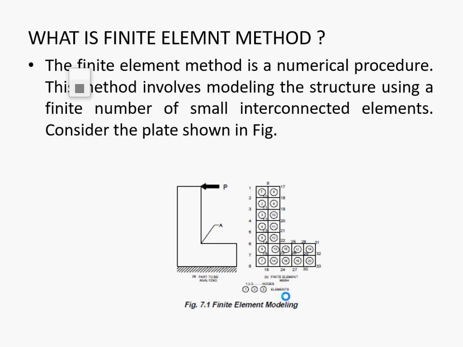For example, this L section may be meshed into 20 elements, like this is element number 1, 2, 3, 4, 5, 6, 7. First you have to analyze that small part only. After that we convert the small portions into the entire portion. Finally we have to calculate the maximum stress and strain acting on that particular portion, like the L section. Here on the L section, the point load, the maximum load, is applied here.